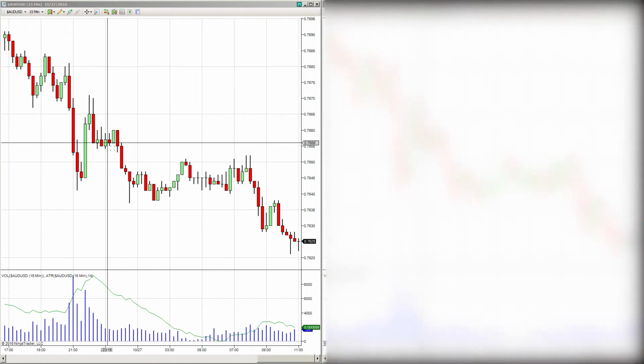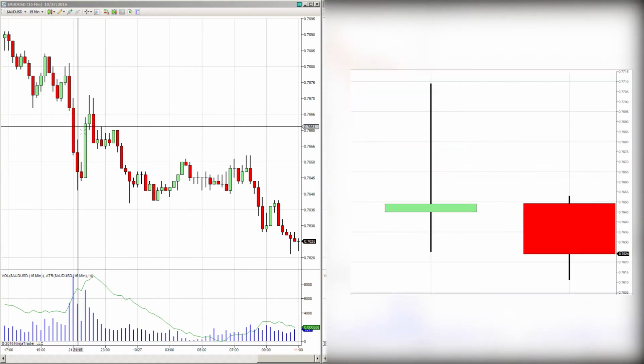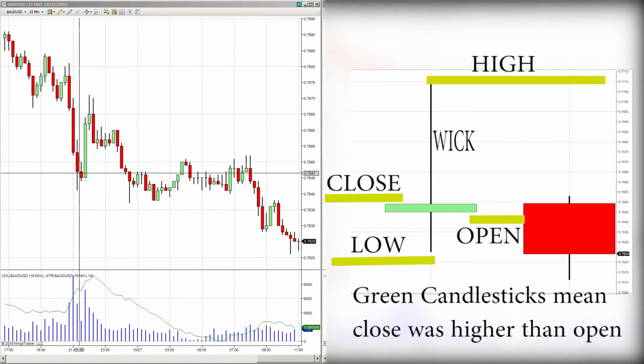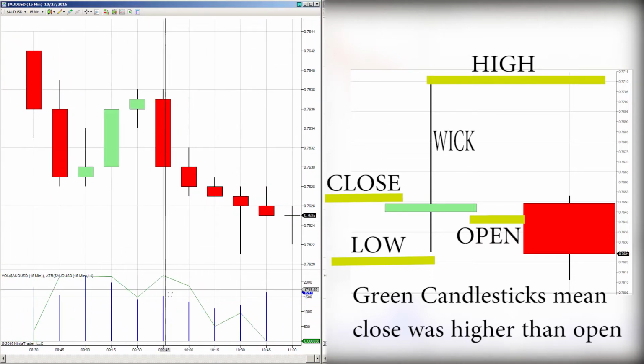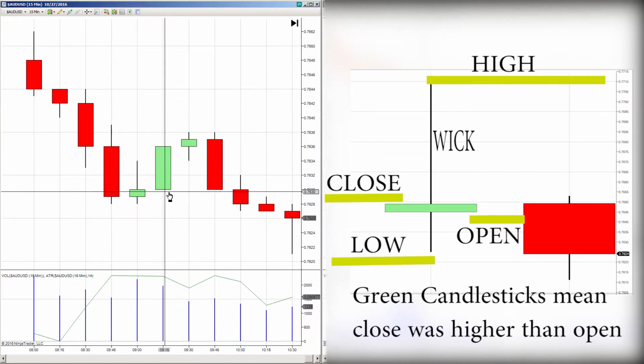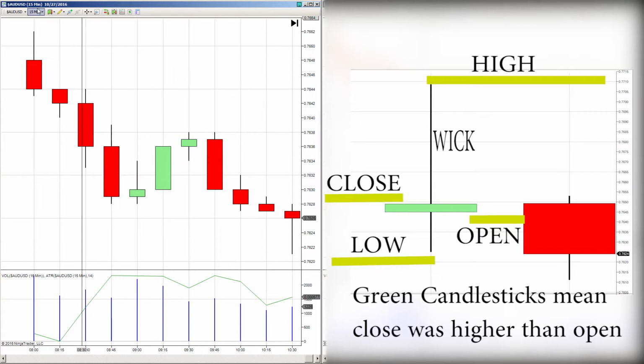First, on the left here we have a candlestick chart. Each bar represents the high and the low, the open and the close. If we zoom in here, we'll look at this green bar. We are on a 15-minute chart, and the high that it made is represented by the peak of the wick.